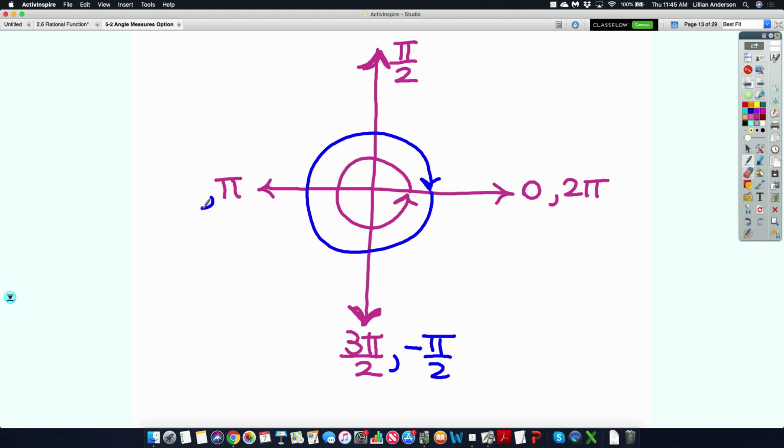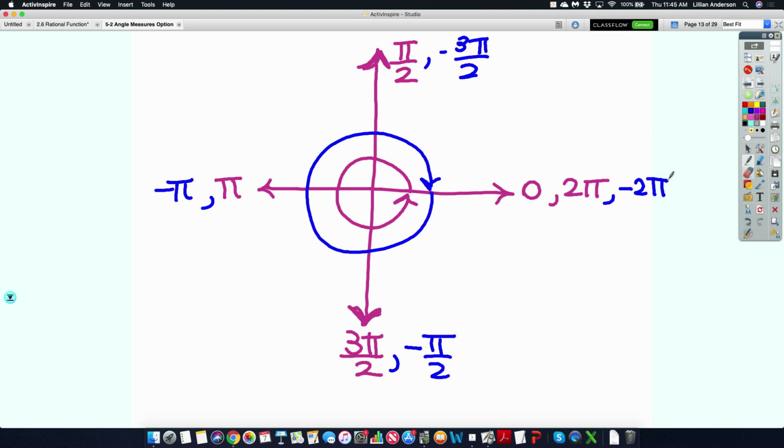This one is going to be negative pi, and this one all the way around is going to be negative 2 pi. So, if the positives were throwing you off, just look at the numbers in front: 0, negative 1 half, negative 1, negative 3 over 2, negative 2, if you go around.